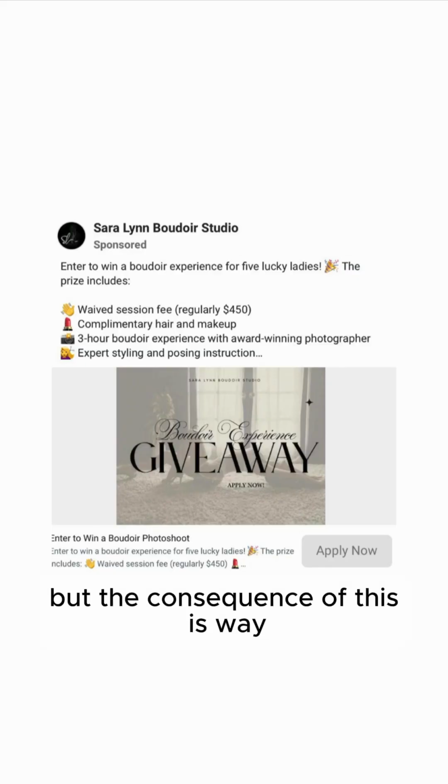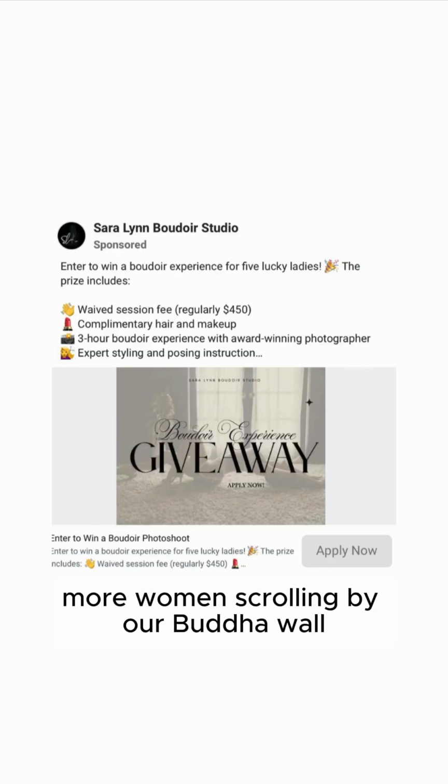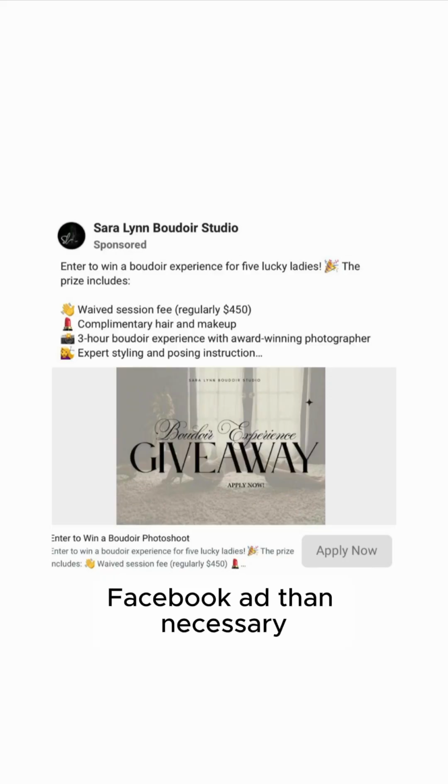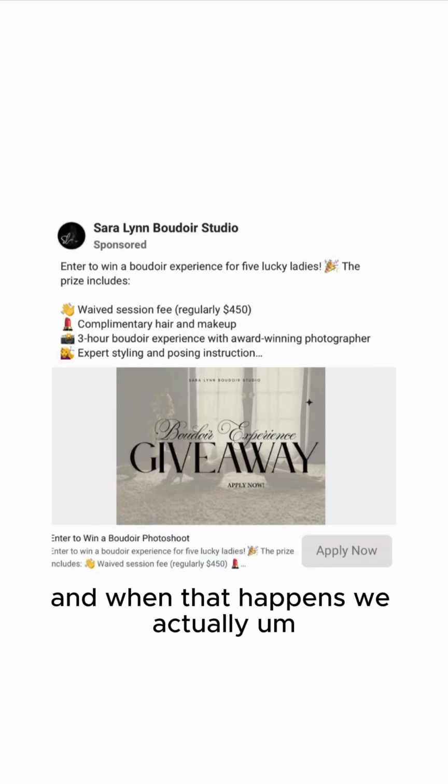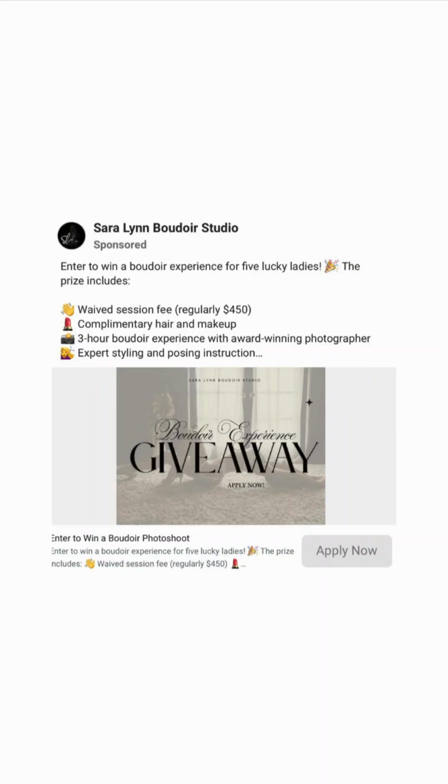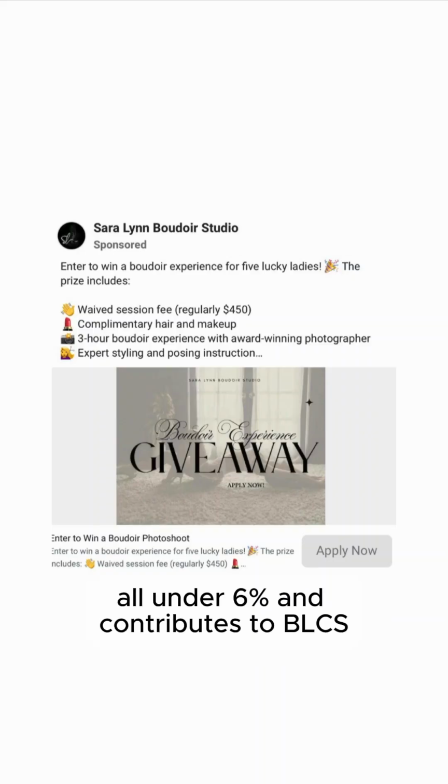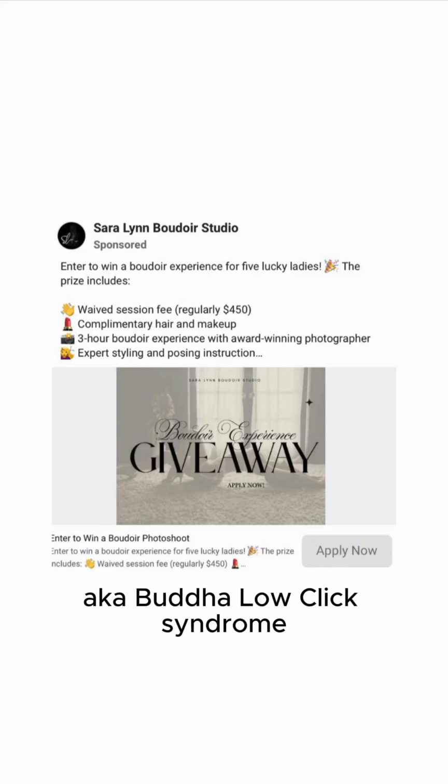But the consequence of this is way more women scrolling by our Boudoir Facebook ad than necessary. It pulls unique CTR all under 6% and contributes to BLCS, aka Boudoir low click syndrome.